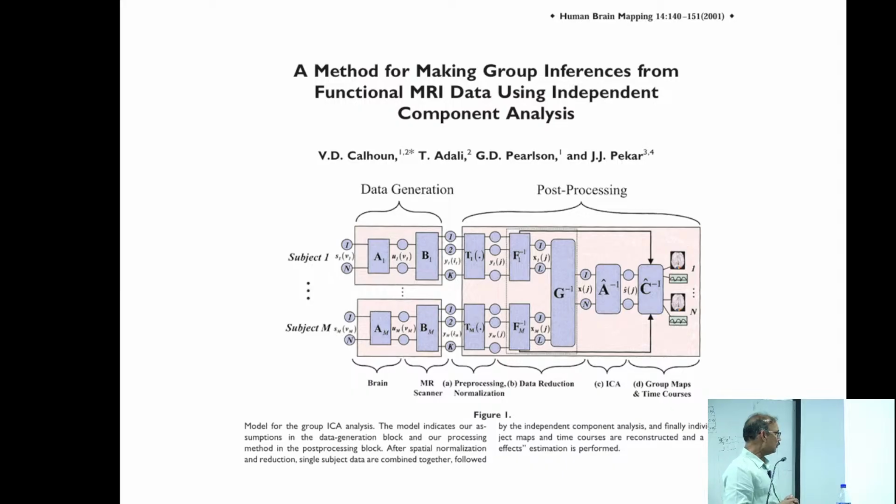That is one way. The other way is that you have these components corresponding to each subject, and then you do a group average. So that will give us the components. Is that clear?